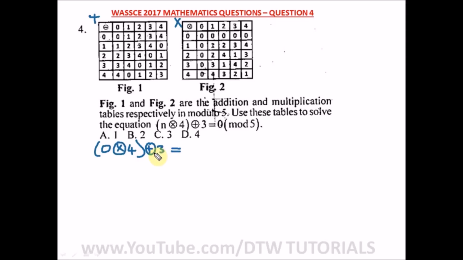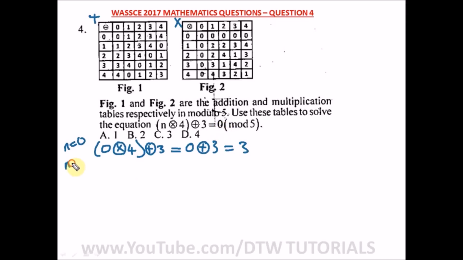What would this give us? Remember, we're using n as 0 here. So 0 times 4 on our table is 0. 0 and 4 will give us 0. So we have 0, then plus 3. And 0 plus 3 on our table is 3. So this is not correct since it's not equal to 0.